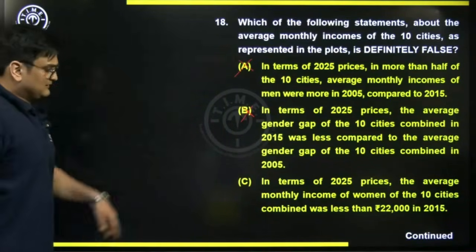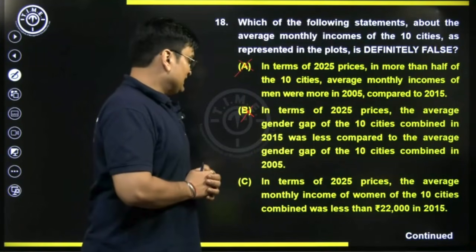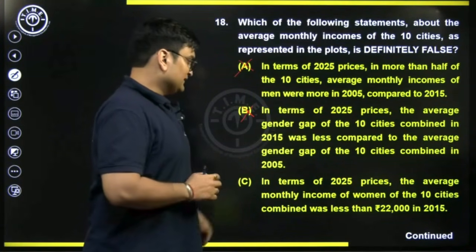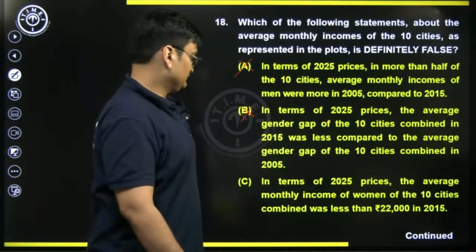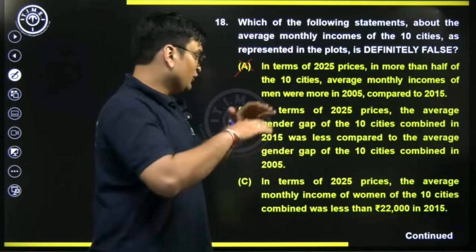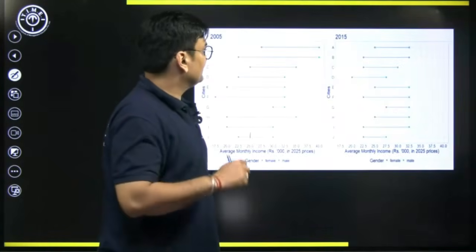I want definitely false. Third option, in terms of 2025 prices, the average monthly income of women of the 10 cities combined was less than 22,000 in 2015.